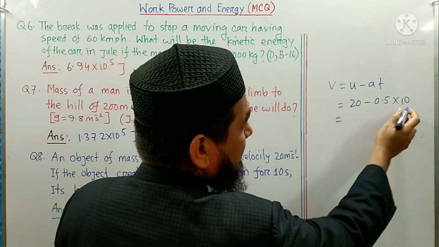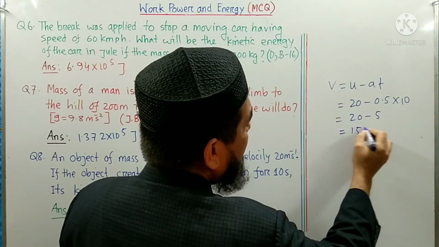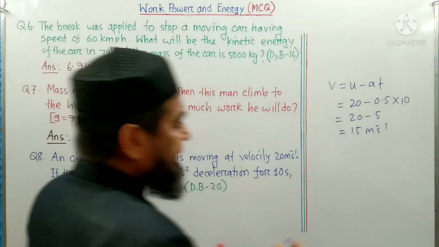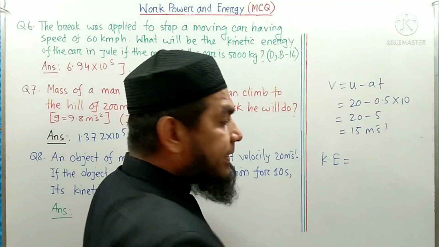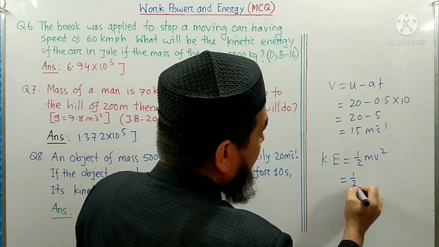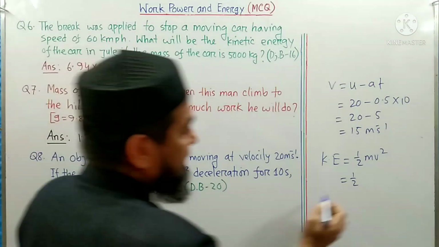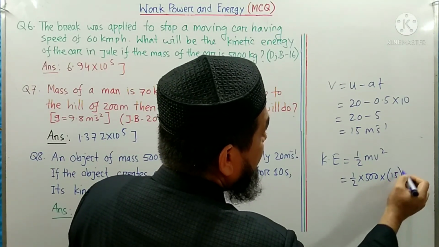So it will be 20 minus 5 is equal to 15 meter per second. So now kinetic energy KE is equal to half mv square. Here the mass of the object is 500 kg, so 500 into velocity 15 square.